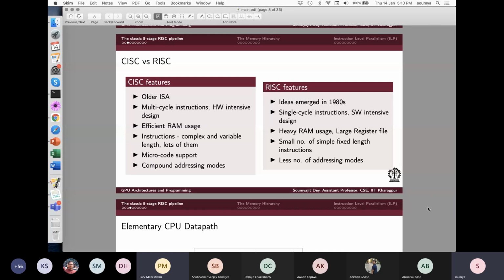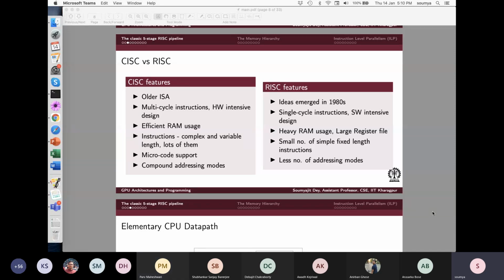So microcode essentially refers to a concept called microprogrammed control, which used to be there. The idea is that you execute a complex instruction. That instruction goes to a ROM, and corresponding to the instruction it fetches a sequence of simpler instructions known as microcodes, and they will finally execute.